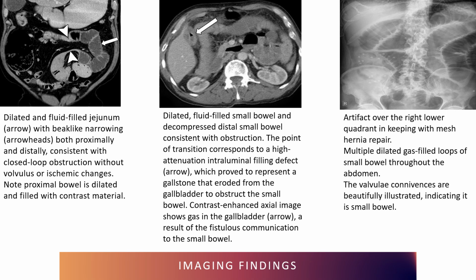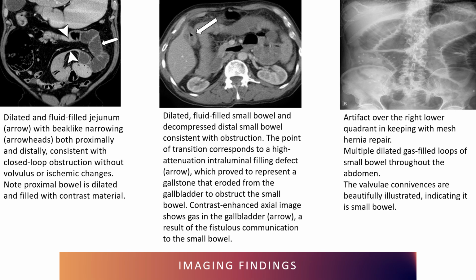Again, we have a few images that I've inserted to demonstrate what it looks like on CT and X-ray. In the first image, the arrows are pointing to the narrowing of the intestine. The narrowing of this intestine shows a closed loop obstruction.